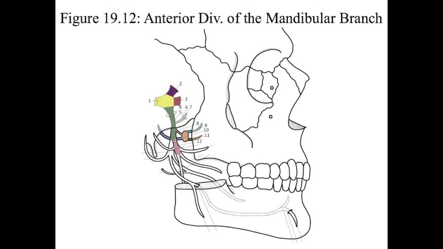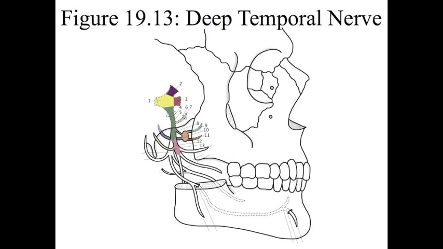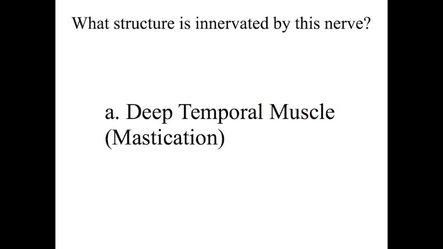Number 12 is the anterior division of the mandibular branch. The anterior division reminds me of Ant M. Ant for anterior, and M because most of the branches go to the muscles of mastication. So remember, anterior division, Ant M. Number 13 is the deep temporal nerve, and it innervates the temporalis muscle, a muscle of mastication.